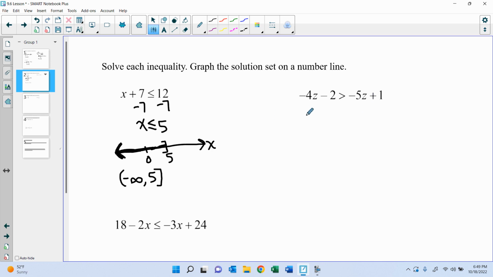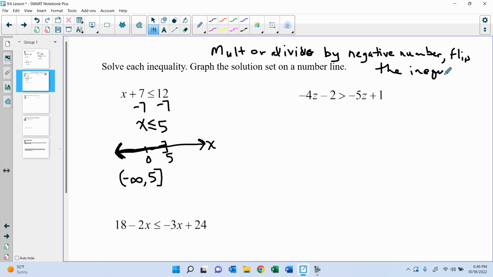That's because on inequalities, if you multiply or divide by a negative number, you flip the inequality.